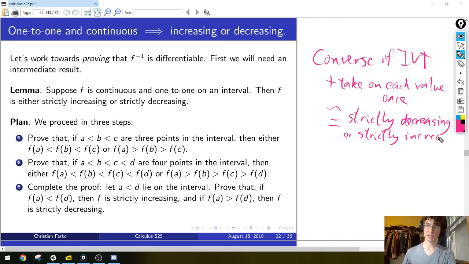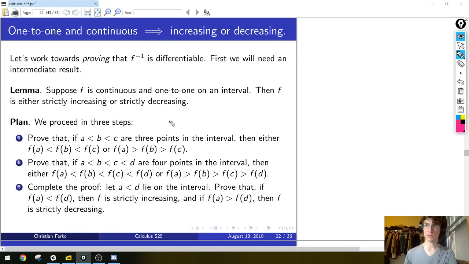Which I thought was a very interesting comment, because that's true. It is true that if a continuous function takes on each value only once, it must be either strictly decreasing or strictly increasing, even though we haven't proven that. But now we actually do need to prove that. So the thing that you guessed when you answered that question was actually true, and now we'll prove it.